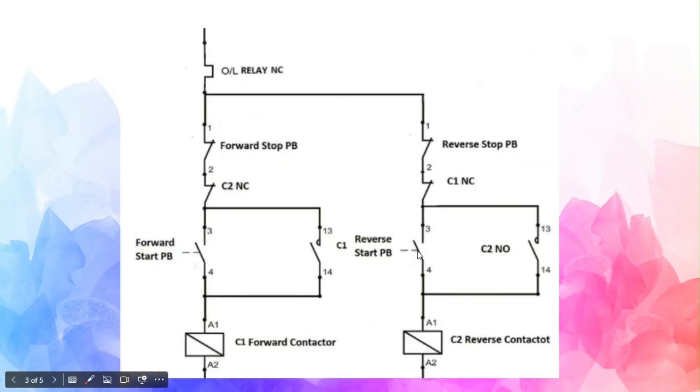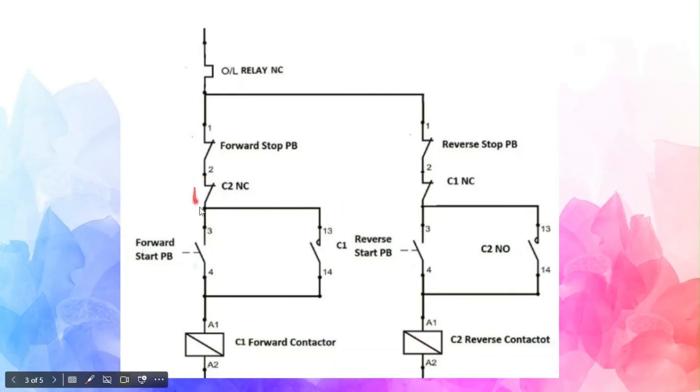That is why, to prevent that, C1 and C2 are used as interlocks. It means when C1 is on, this will be open, so no one can energize C2, so a short circuit cannot happen.